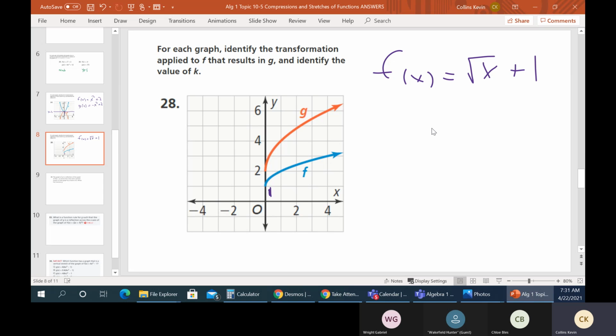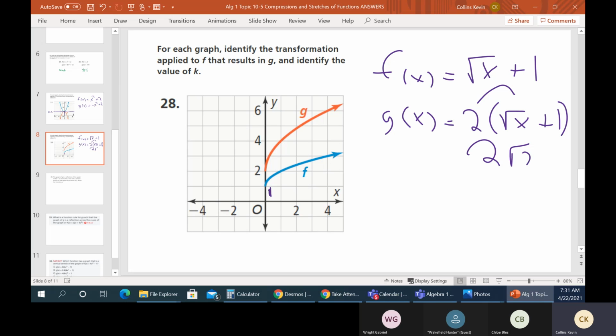So the way we could write that is we would say g of x equals 2 times the square root of x plus 1. And then what happens is if you multiply it out, 2 times the square root of x is of course 2 times the square root of x.